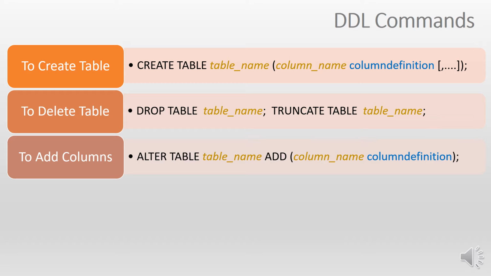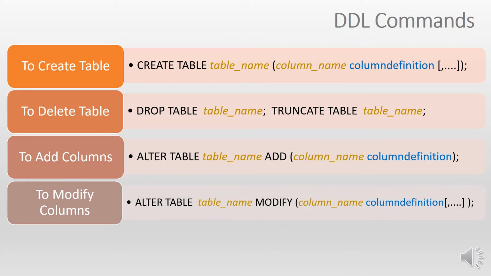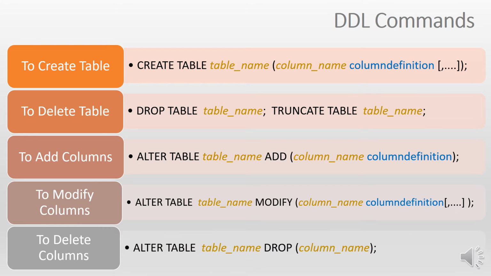To modify the existing columns, alter table name, modify column name and its column definition can be given in the syntax. To delete the existing columns, alter table name, drop column name should be given.